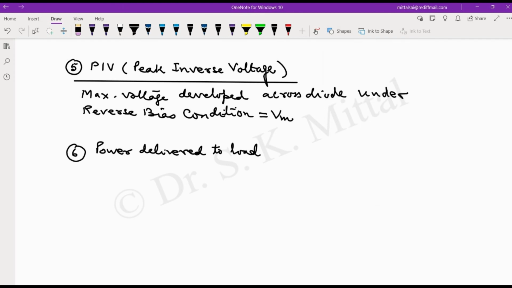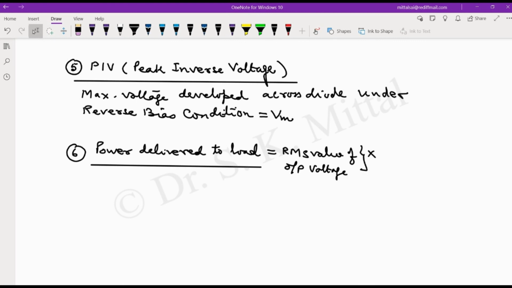The power delivered to load is nothing but the multiplication of the RMS value of output voltage multiplied by the RMS value of output current.